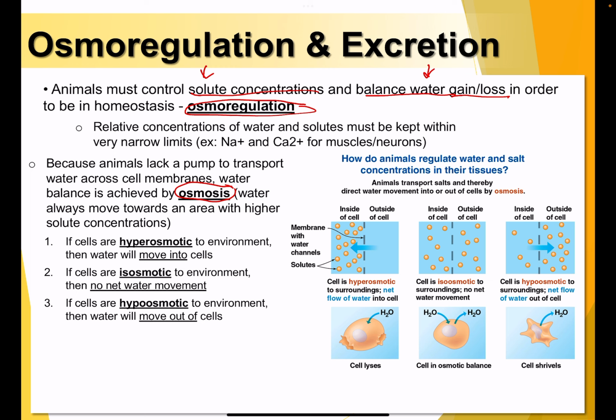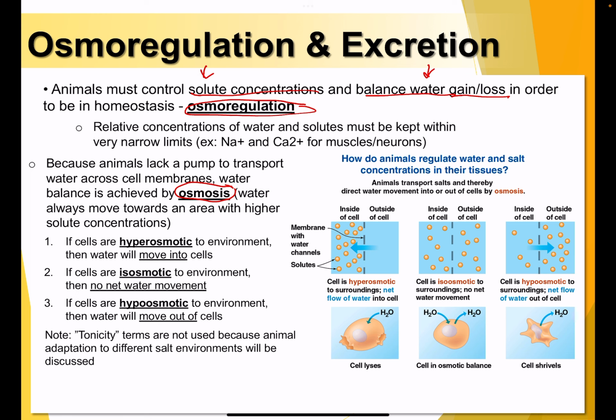All right, so in this particular chapter, we no longer use the tonicity words because remember back from Bio 1406, we talked about osmolarity in terms of hypertonic, isotonic, and hypotonic.